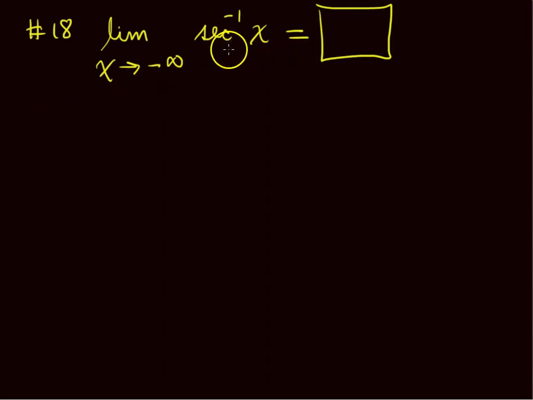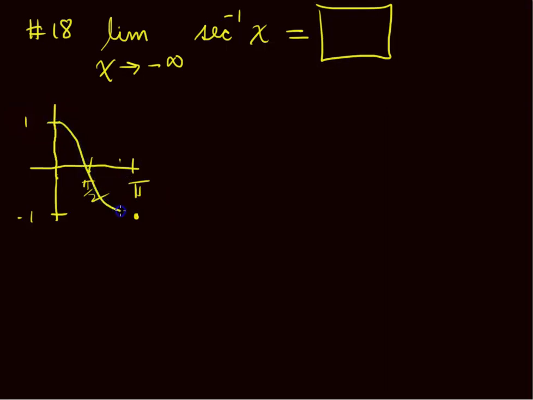I start, because the secant is even hard for me, I start with the cosine, and here's pi over 2, and here's pi. And I know that I only need, here's -1 and here's 1. I only need half of it, from 0 to pi. So this is my restricted cosine.